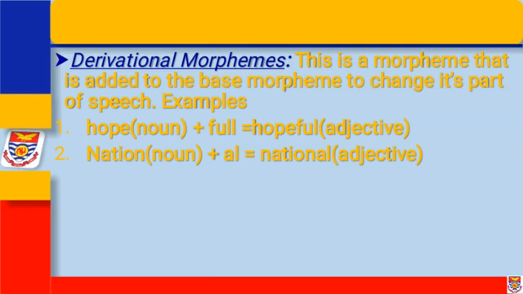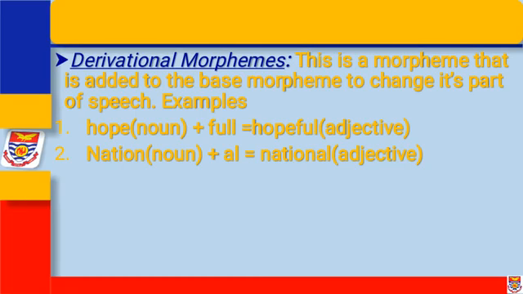So if the base word is a noun, after adding the derivational morpheme, we will get a verb, adjective, or adverb. The same way, if it is a verb, after adding the bound morpheme, which is the derivational morpheme, we can also have an adverb. So let's look at the examples.